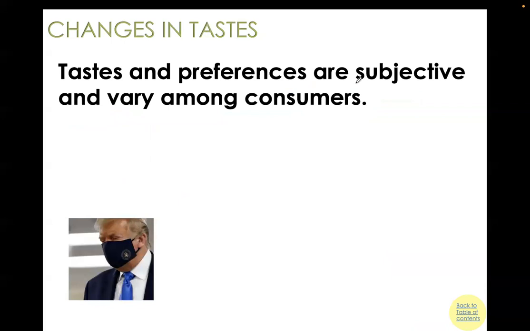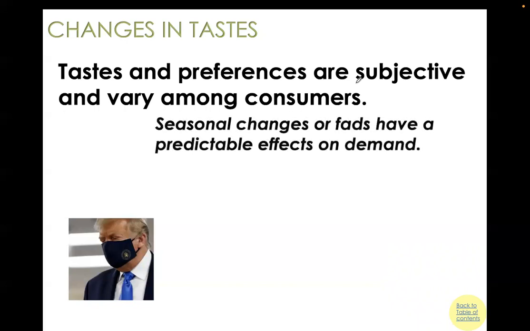Now, the fourth factor we call changes in tastes. Right. So what are tastes? Usually tastes and preferences are linked together. Those are subjective and vary among consumers. Few examples.